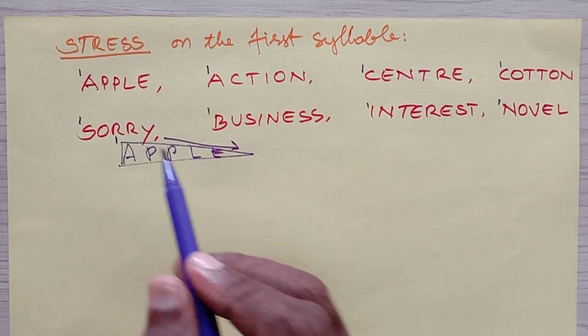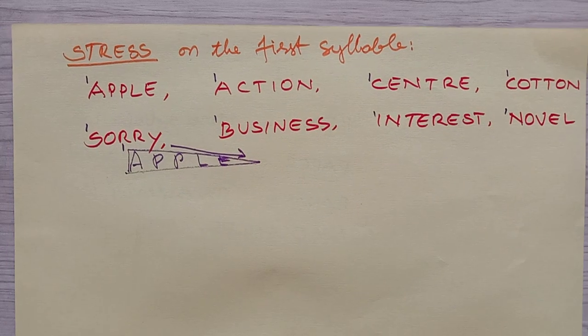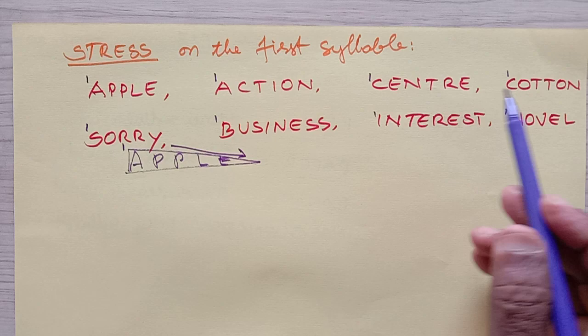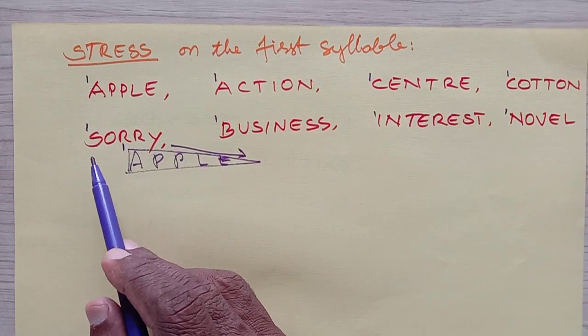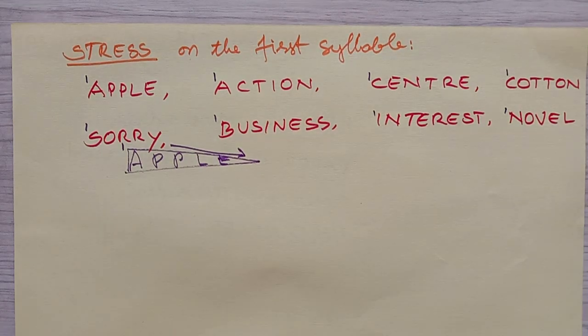This is accented stress. Apple. Then you can pronounce the next words: action, center, cotton, sorry, business, interest, novel, like this.